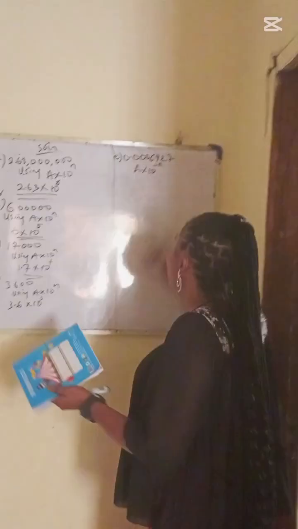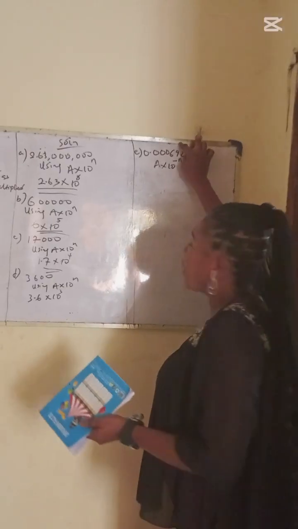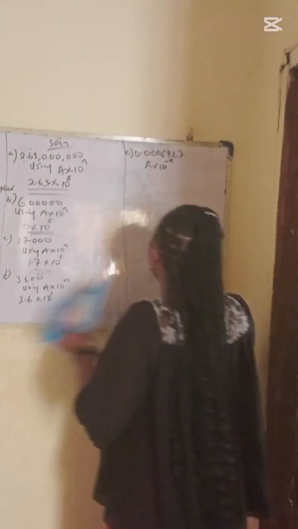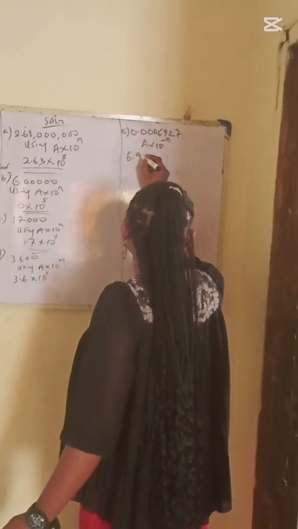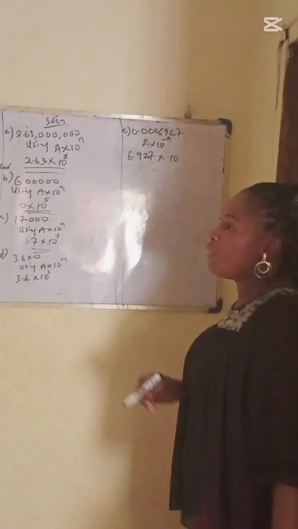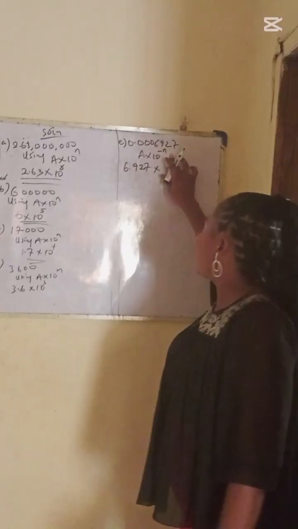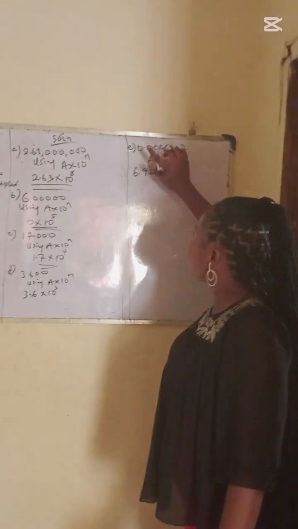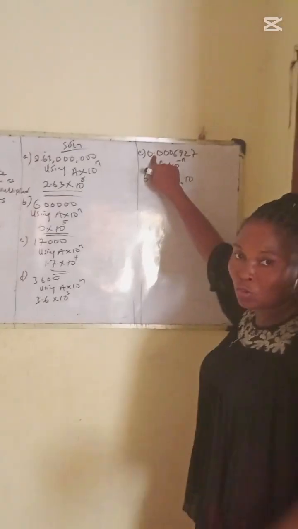So I'm going to say my a is the whole number part in that question. So my a is going to be 6.927 times 10. Then for me to get my n now, I'm going to count the number of 0s, taking my decimal point to be 10.